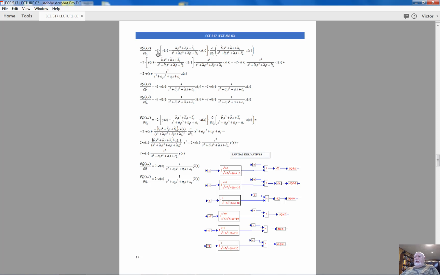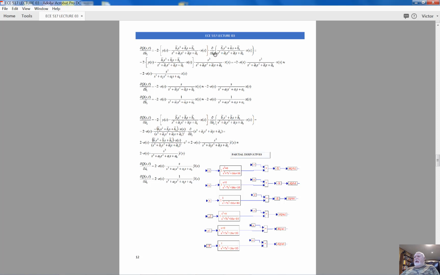This 2 comes into play because I'm taking the derivative of a squared function, the squared function that I have in these square brackets. So, minus 2 times the square bracket is the derivative of the quadratic function. Now I'm taking the derivative of the inside of what I have in the square brackets.